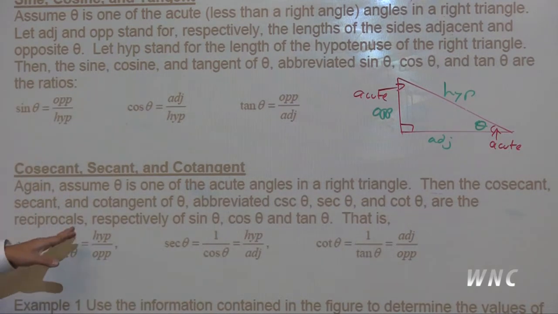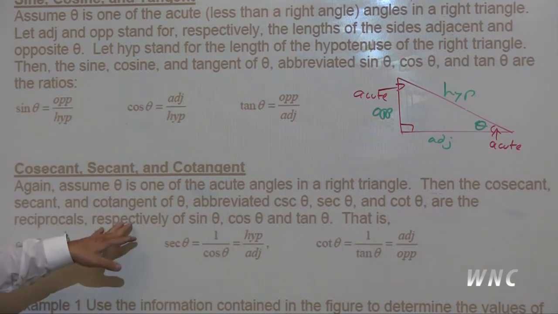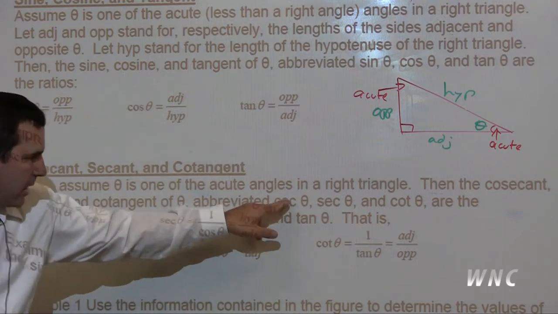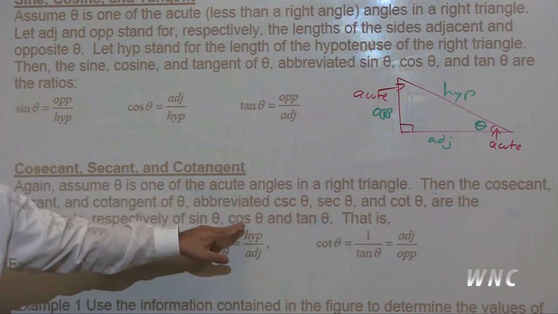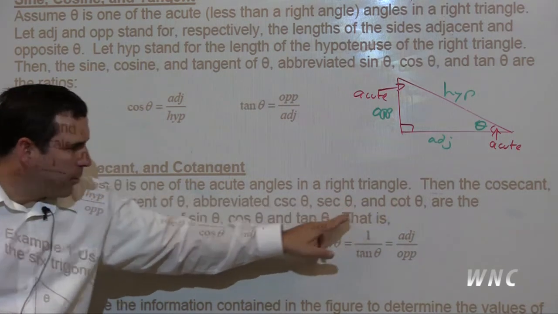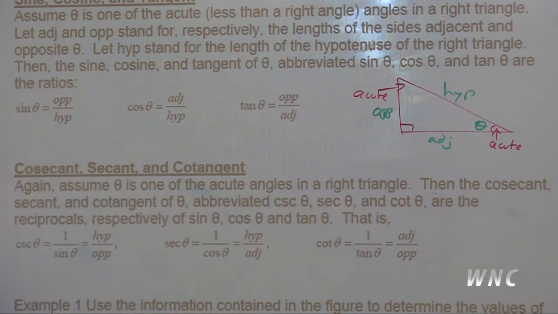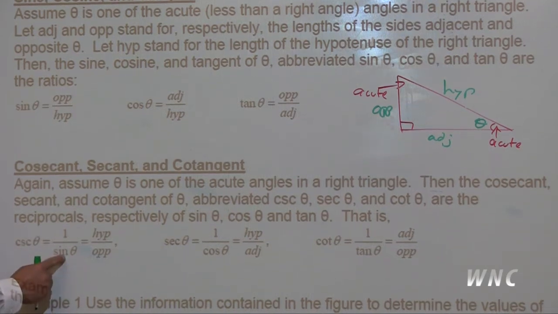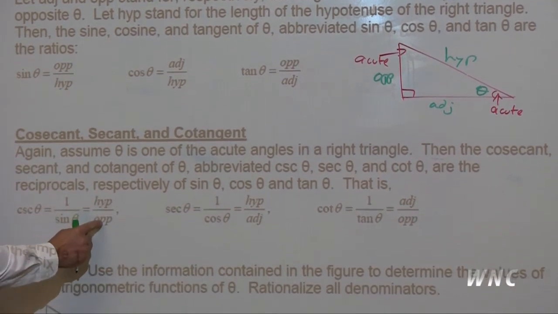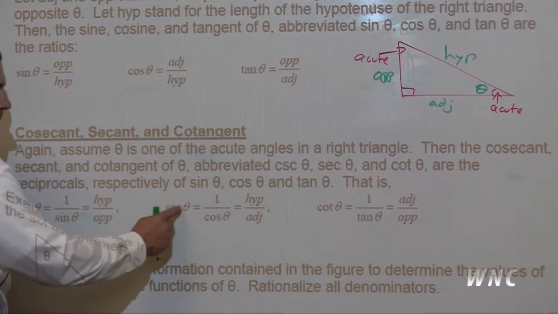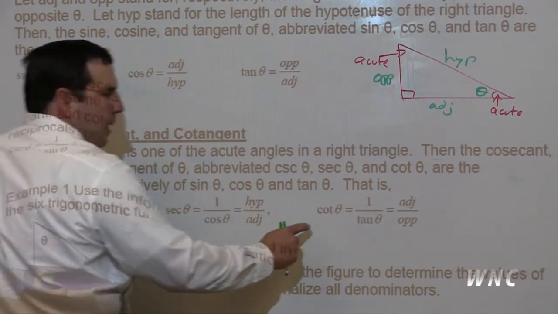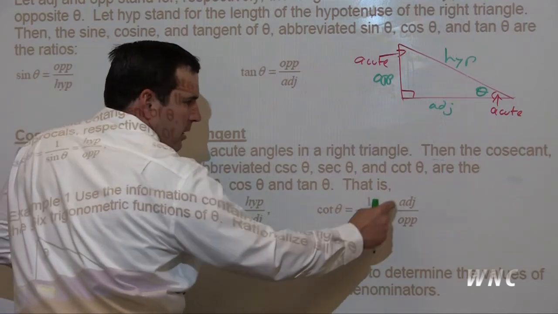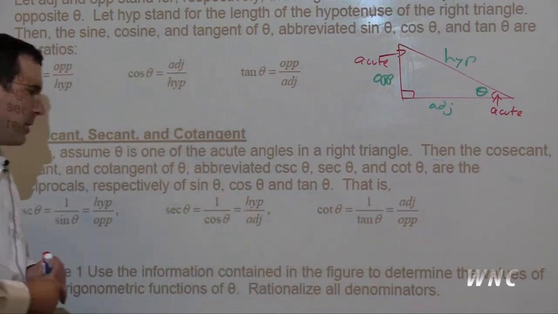They are the reciprocals, respectively, of sine, cosine, and tangent. Cosecant is 1 over sine theta, which is the hypotenuse over opposite. Secant is 1 over cosine, which is the hypotenuse over the adjacent side. And cotangent is 1 over tangent, which is the adjacent side over the opposite side.